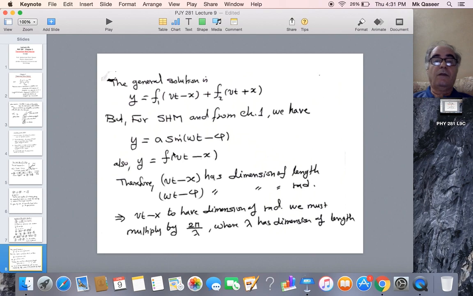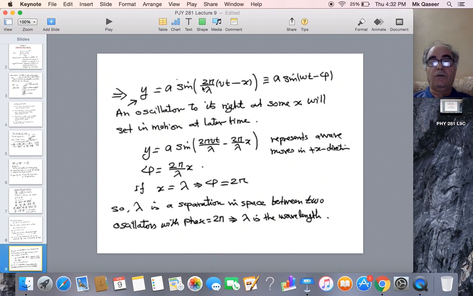But if we look at the argument of this function, the dimension is length, and the dimension of the argument of the sine is radians. Therefore, we have to convert this into radians. We multiply by 2 pi over lambda: 2 pi in radians, and lambda is length. So length by length cancels, and we are left with radians.